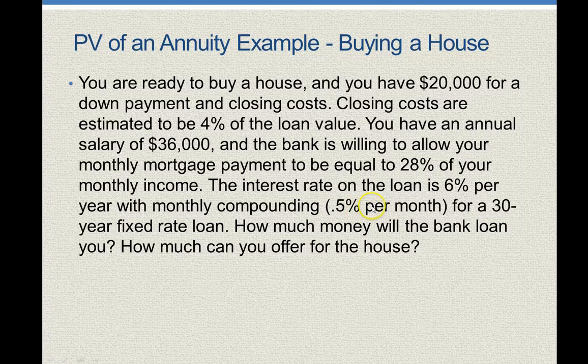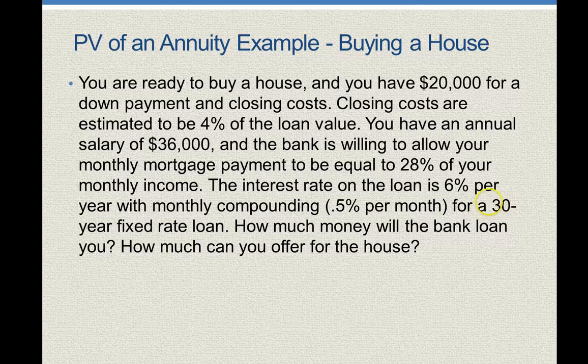What matters here is the monthly interest rate because the interest is paid every month for a 30-year fixed rate loan. The mortgage loan is 30 years, which is the most common case. We can also have a 15-year loan or a 10-year loan, but the 30-year loan is the most common.